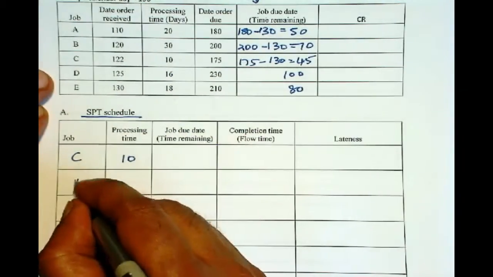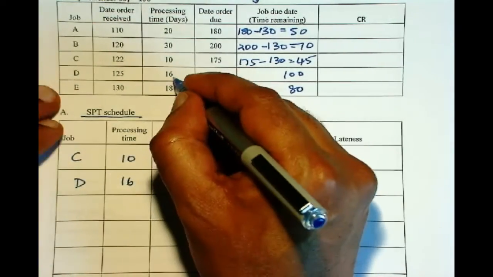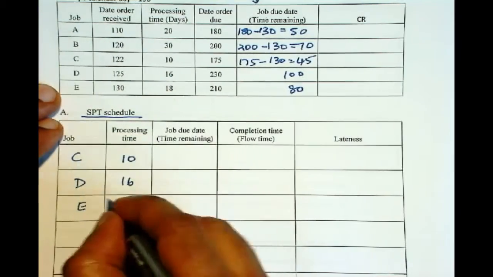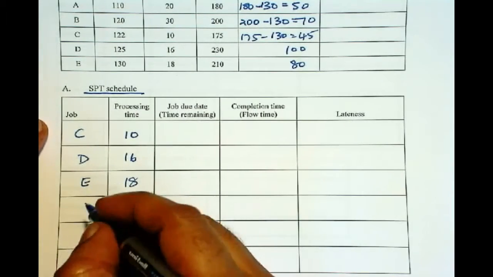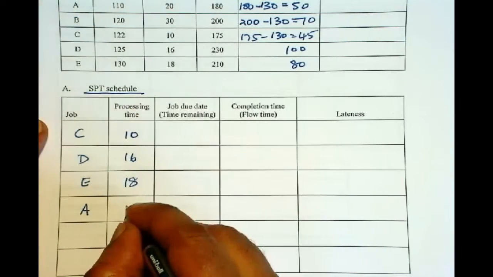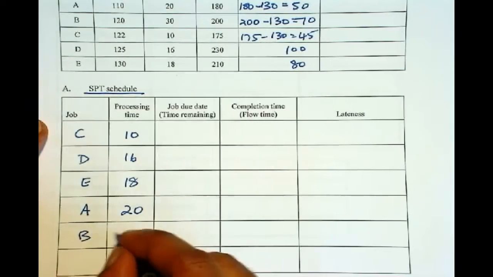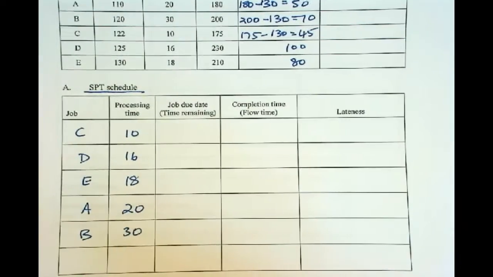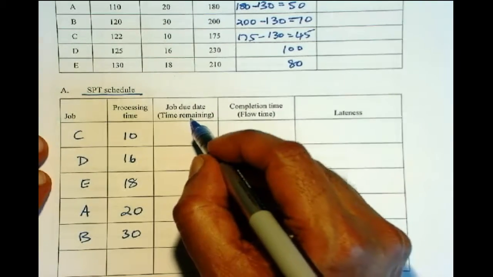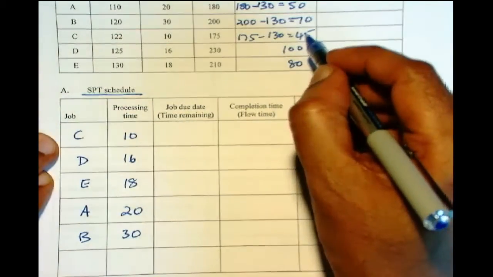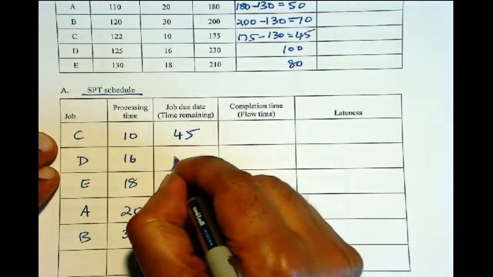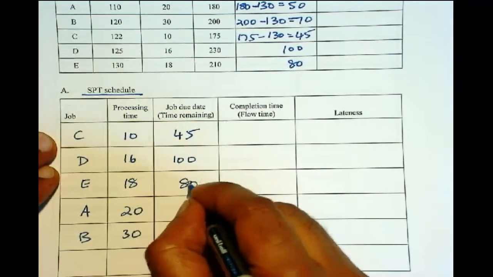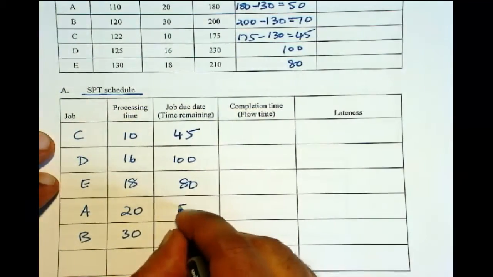Next is D with 16, and then E with 18, and then A is 20, and then B is 30. Job due date for these: for C it is 45, D is 100, E is 80, and then 50 and 70.